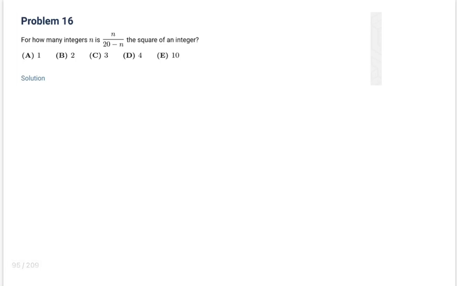Problem number 16, for how many integers n is n over 20 minus n the square of an integer? Okay, for how many integers n? So the maximum of n would be 19, and so the maximum of n over 20 minus n would also be 19.